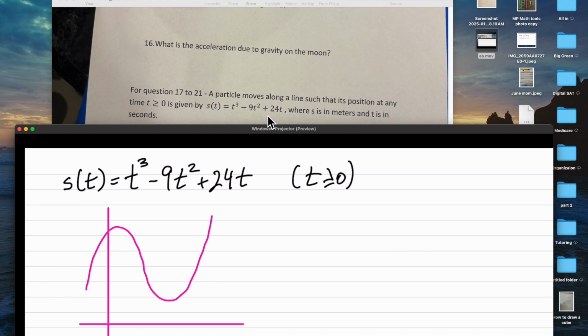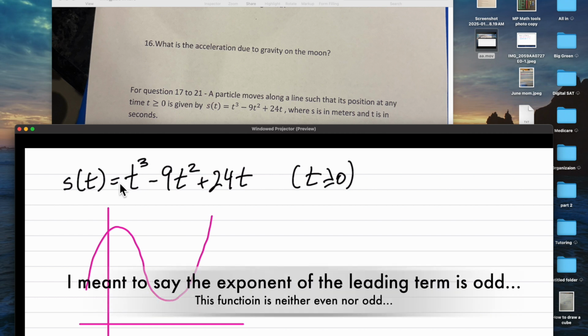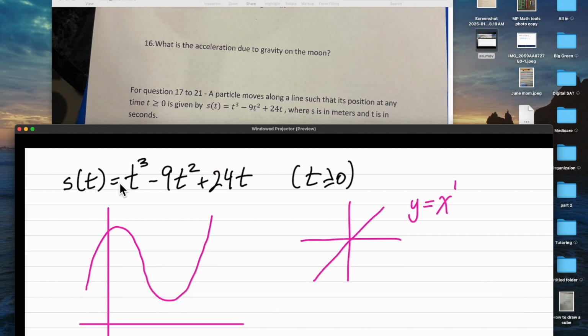What we can tell is the end behavior, because that's a cubic function, an odd function with a positive coefficient. So that means it's going to model the end behavior of this famous equation with an odd exponent and a positive coefficient. So it's just like this graph, which is down up, this is going to be down up end behavior.